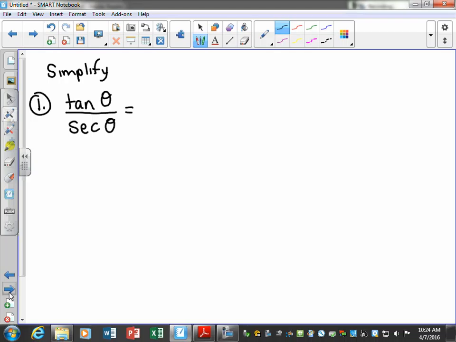So tangent theta, I'll do in blue, is sine of theta over cosine of theta. And how can I rewrite secant theta? Using the reciprocal identity, 1 over cosine of theta, right?